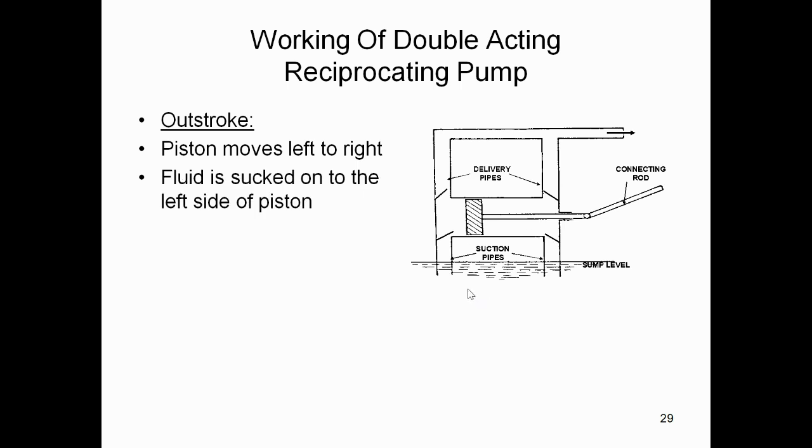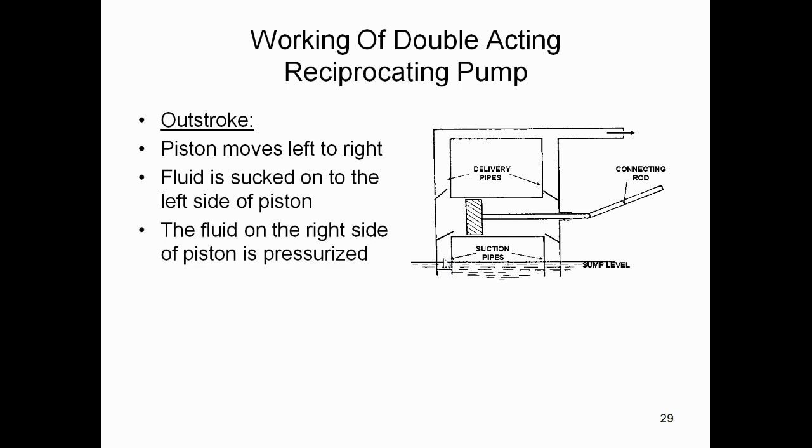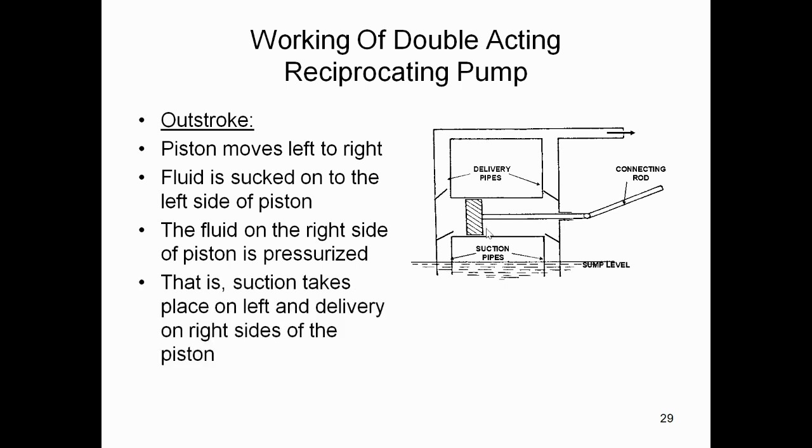Fluid is sucked onto the left side of the piston from the sump through the suction pipes, while the fluid on the right side of the piston is pressurized. So suction takes place on the left and delivery on the right side of the piston.